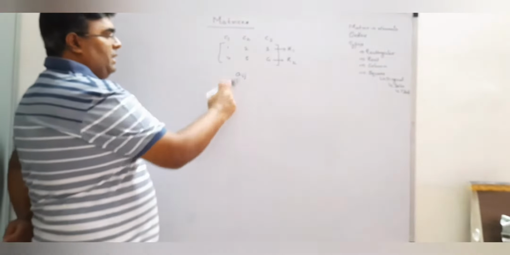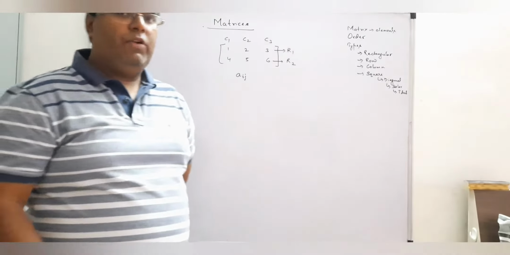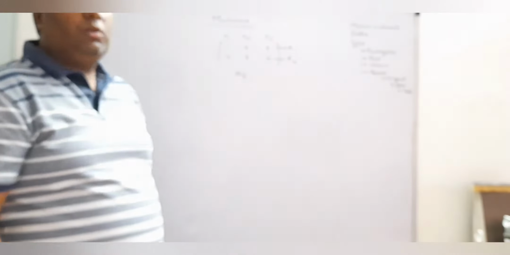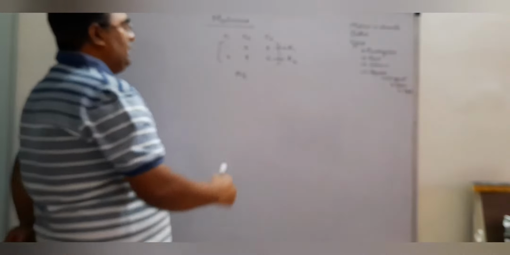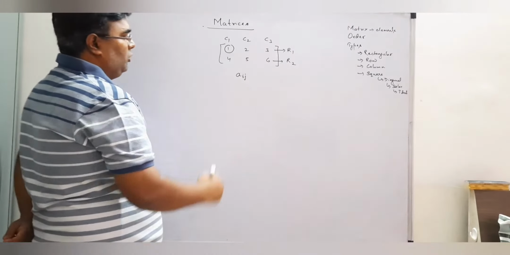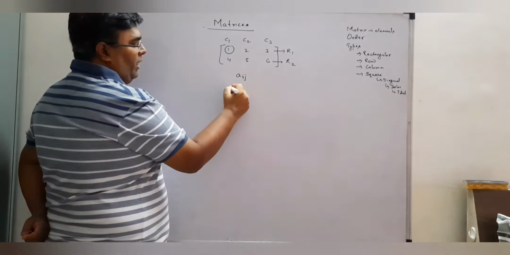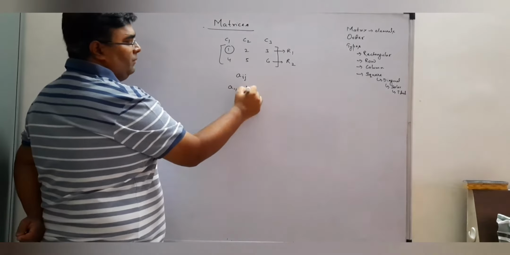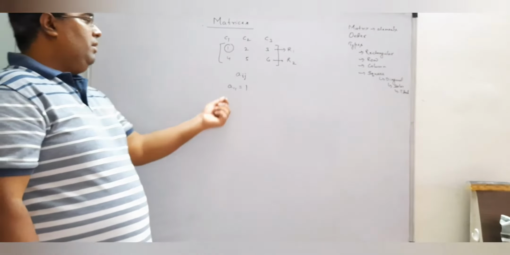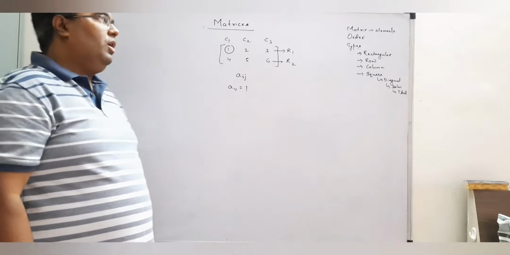Now i represents the row, which row we are talking about, and j represents the column, which column we are talking about. So if I need to represent this 1, it will be represented by A11. A11 is 1. How? This is my first row and first column.